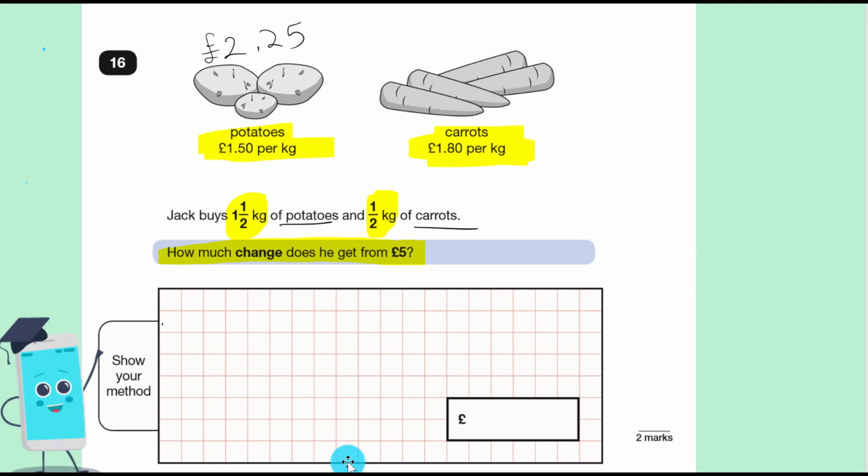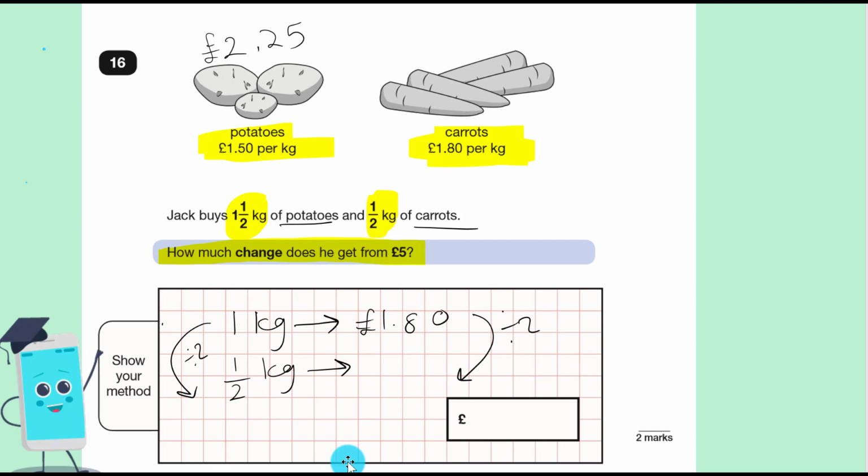Next, half a kilogram of carrots. Now, if I know that 1 kilogram is equal to £1.80, how will I know what half a kilogram is? Exactly like we did before, this is divided by 2, so this must be divided by 2.